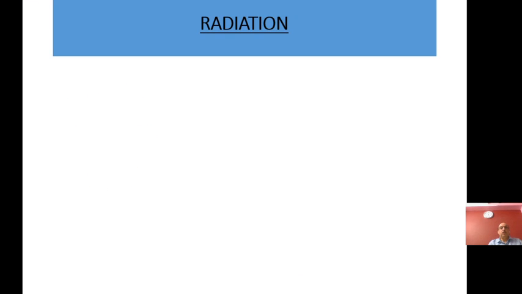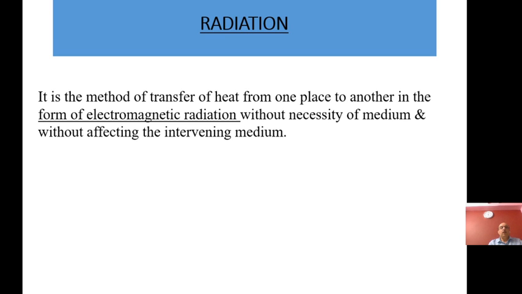Now, what is radiation? It is the method of transfer of heat from one place to another in the form of electromagnetic radiation without necessity of a medium and without affecting the intervening medium.